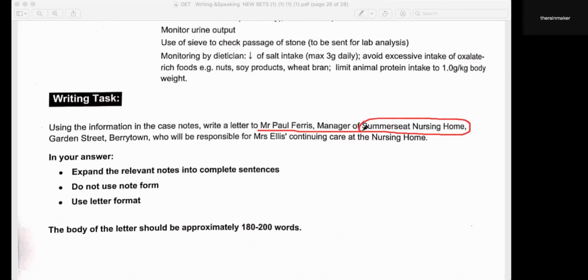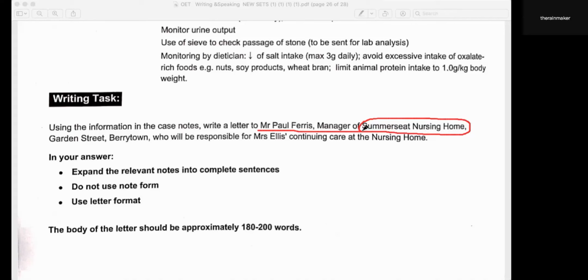Mr. Paul Ferris here, right? So maybe Mr. Paul Ferris is a medical professional, maybe a nurse, but let us categorize this as writing to somebody who is not a medical professional, not a nurse. We've talked about this earlier as well. We can categorize our letters into two parts. One is writing to healthcare professionals, nurses, and doctors, where you do not have to worry so much about the language because you yourself are nurses.